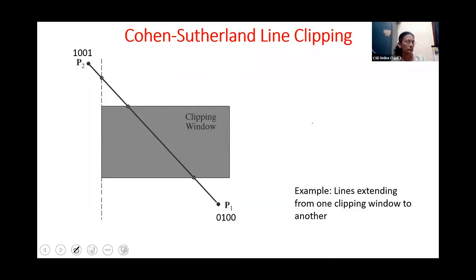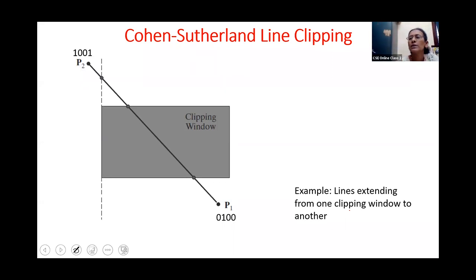Next, we see that both the outcodes are not all zeros, so we have to do some more calculations. What kind of calculation do we do? We can take the boundaries in any order.